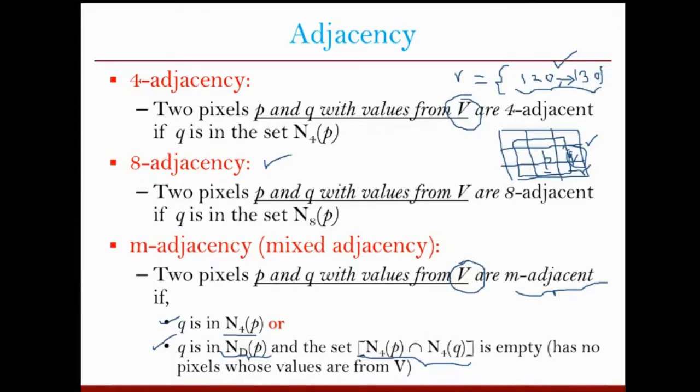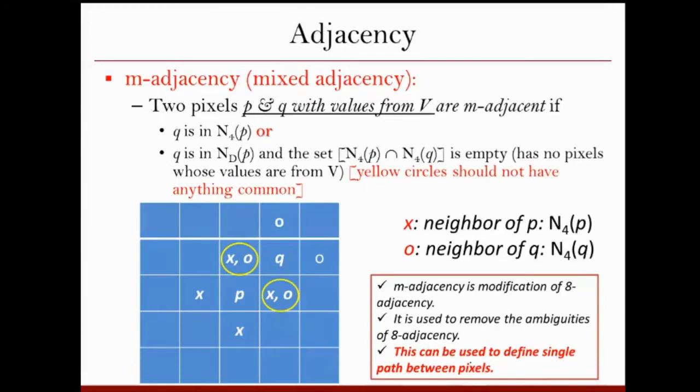What exactly does this mean? If you see this example, suppose we are considering point P. With respect to this point P, all these X are N4 neighbors of P. Now let us say we are saying that P and Q are M adjacent.